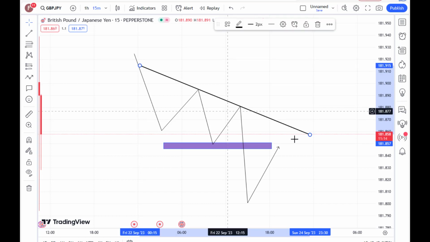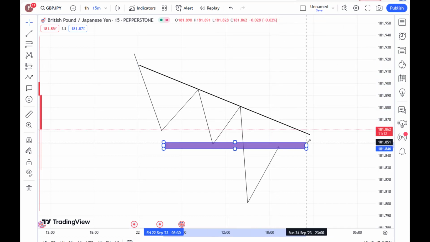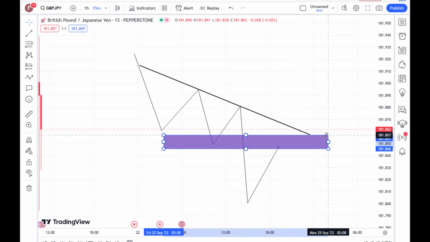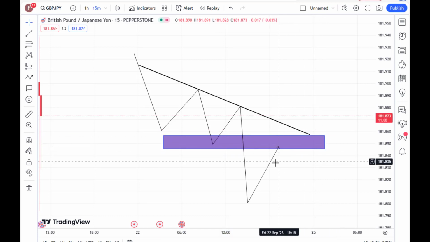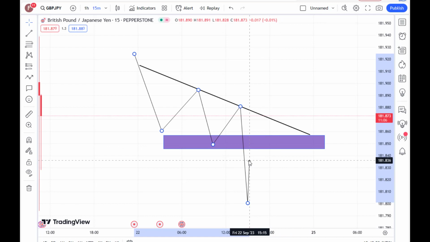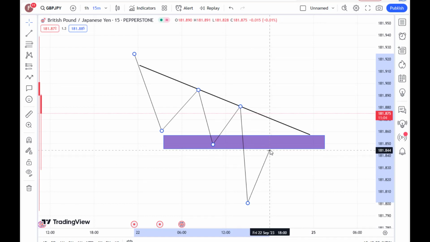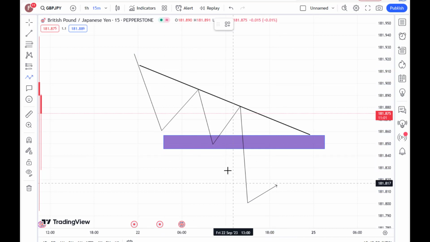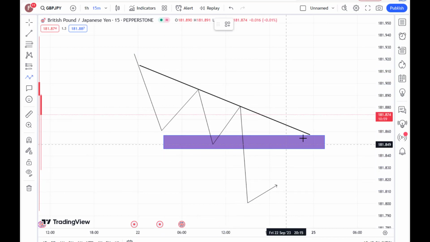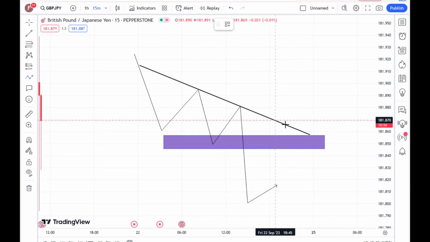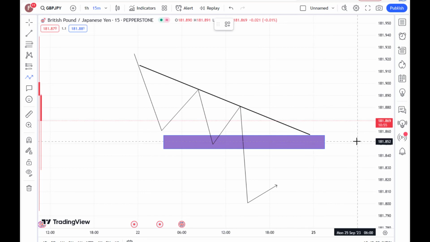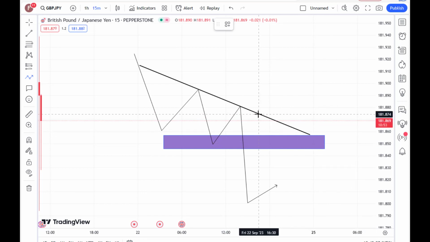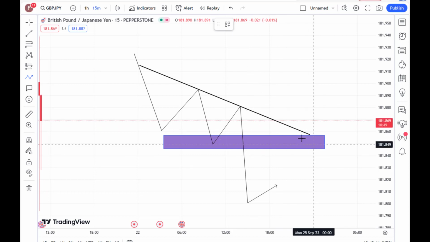Now if you pull it like this, you realize that as price comes and breaks through this zone, sometimes you find it difficult to break above the zone. What happens is that as price breaks down, it has created both a horizontal resistance and a diagonal resistance.